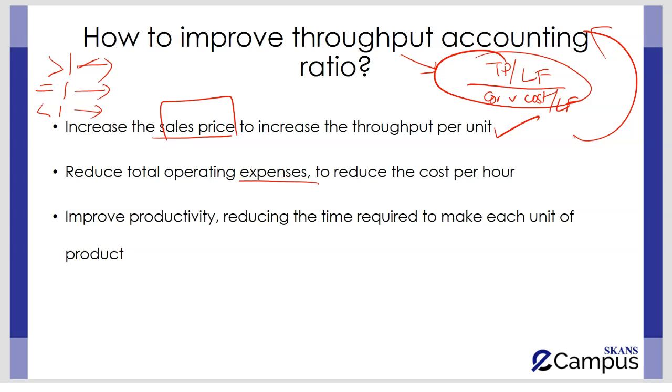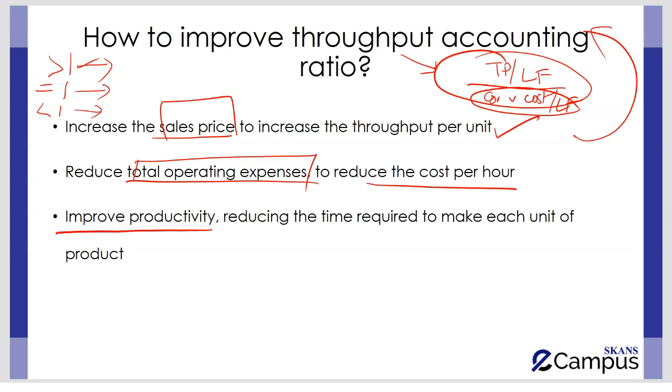The second one is that if we reduce total operating expenses or conversion cost or factory cost, this will reduce the cost per hour, which is the denominator, and eventually will increase the throughput accounting ratio. Similarly, if you improve the productivity or efficiency, reducing the time required to make each unit of product, it will improve the throughput accounting ratio.